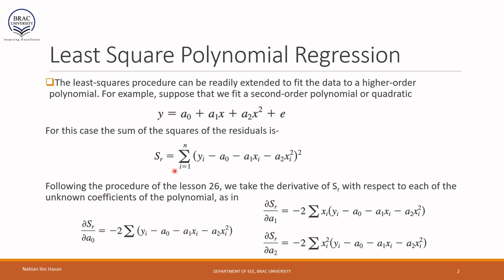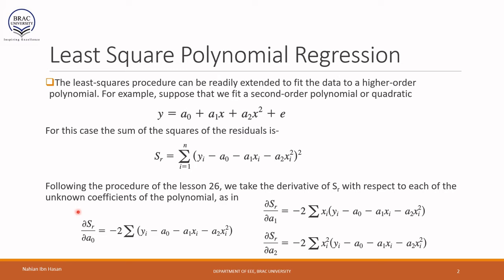So we are going to differentiate this SR term with respect to a0, a1 and a2, similar to the case of linear regression, and then we set these equations equal to 0. For example, we differentiate SR with respect to a0, that means partial SR divided by partial a0, which makes the equation look like this. Similarly partial SR divided by partial a1, and partial SR divided by partial a2.